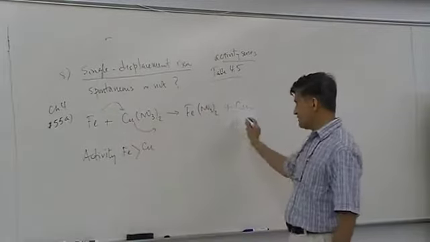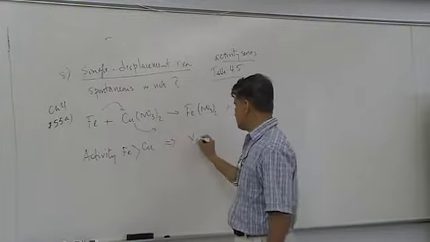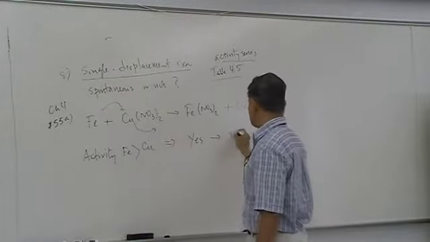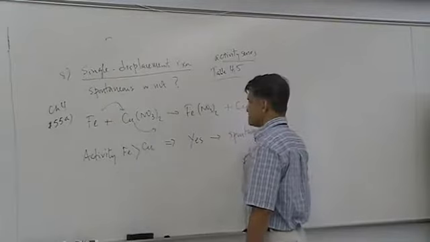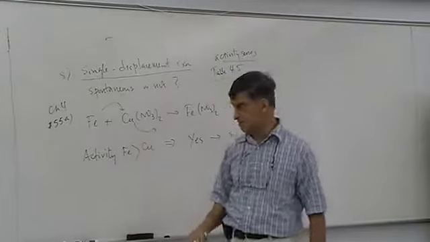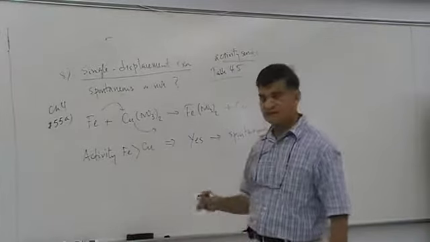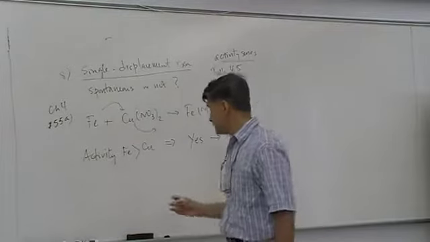And that's what is happening here. So in this case, indeed, this reaction happens spontaneously, because iron sits on top of copper in the activity series. Remember I said that elements on the top are more active than elements toward the bottom.